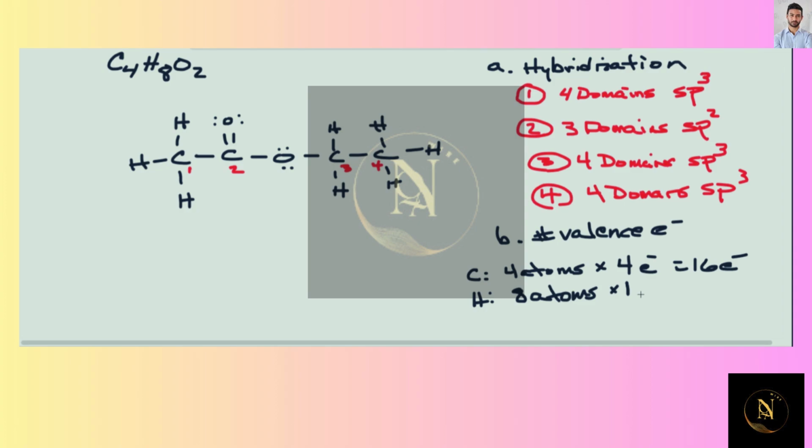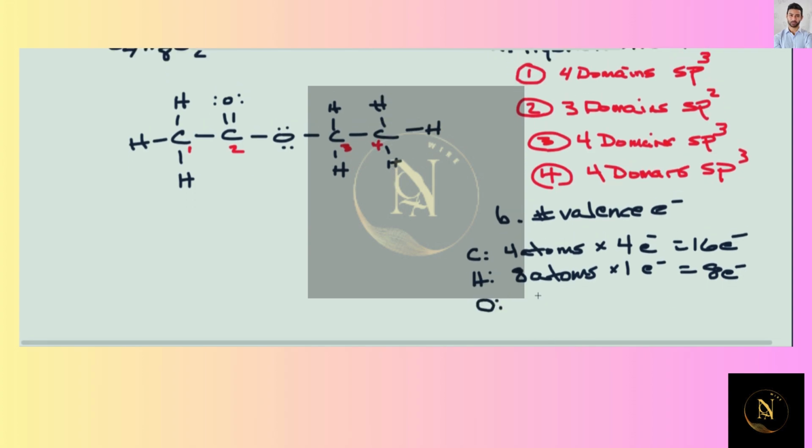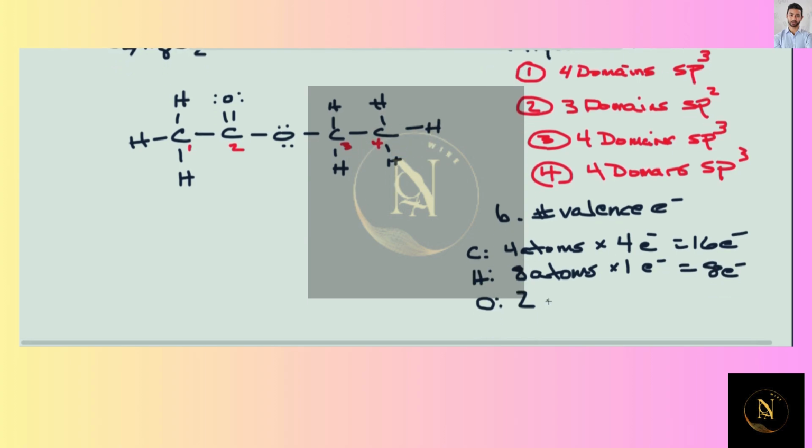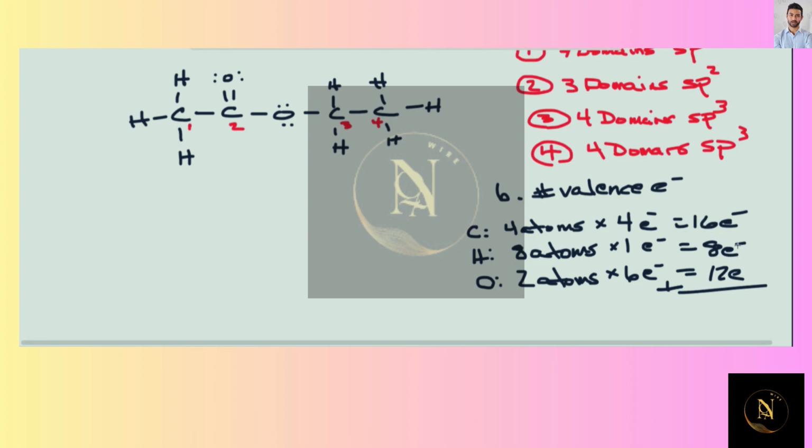So multiply that by our 1 valence electron, that's 8 valence electrons. Oxygen has 6 valence electrons, and there are 2 atoms of it. So that is 12 electrons. So altogether, if we add these up, 16 plus 8 is 24, plus 12 is 36 valence electrons.